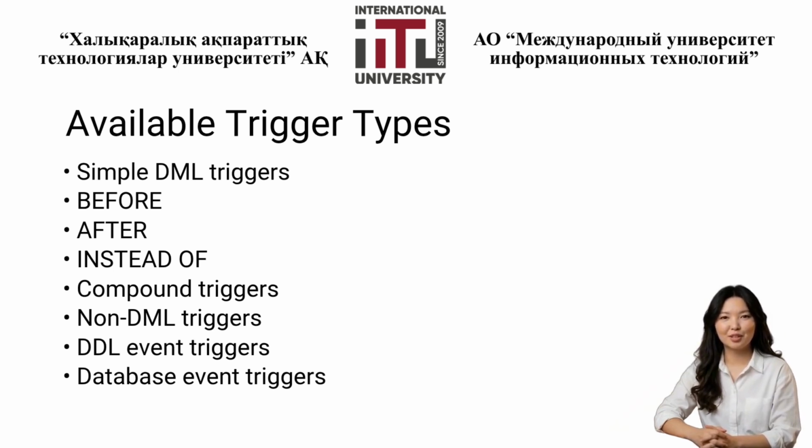Next, compound triggers combine multiple timing points into a single trigger, which helps improve performance and manage complex logic. Finally, there are non-DML triggers, including DDL triggers that respond to schema changes, and database event triggers, which respond to events at the database level. Overall, these trigger types provide flexibility in handling different kinds of events within the database.